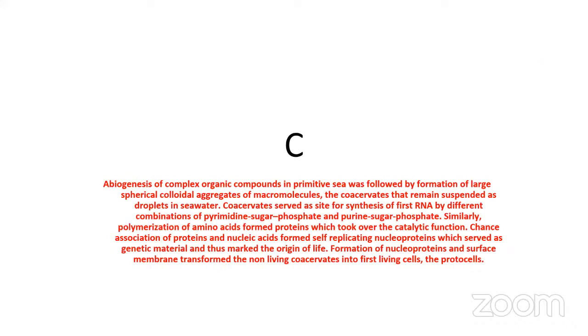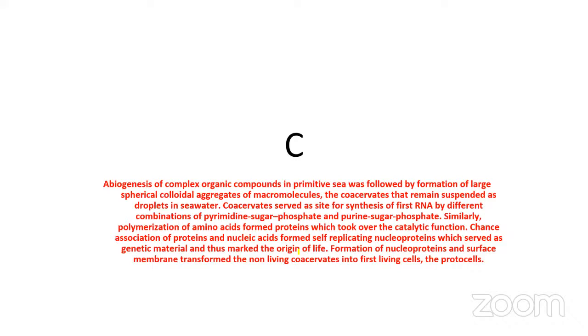Abiogenesis of complex organic compounds in primitive sea was followed by formation of large spherical colloidal aggregates of macromolecules, the coacervates, that remain suspended as droplets in seawater. Coacervates serve as site for synthesis of first RNA by different combinations of pyrimidine sugar phosphate and purine sugar phosphate.